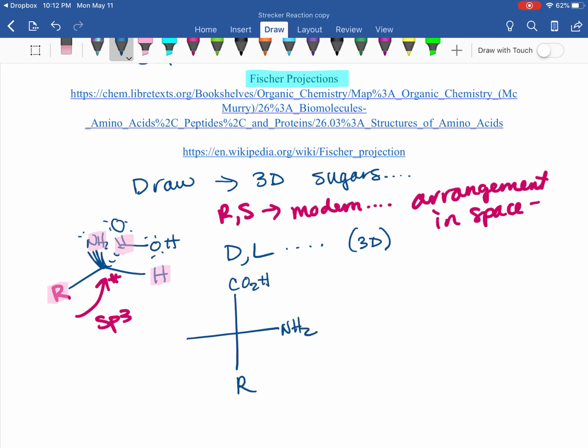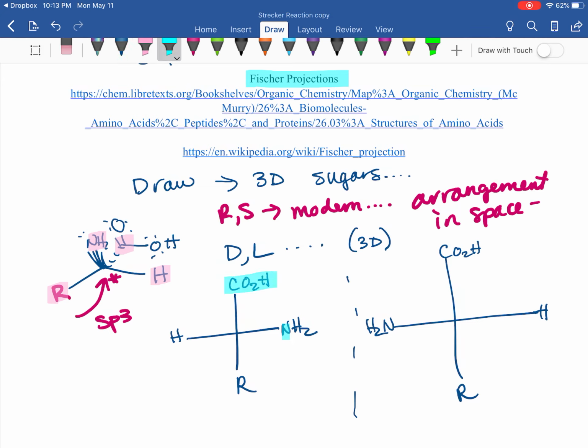And now what's going to designate the D and the L for us will be where the nitrogen ends up. So then our mirror image, again, keep your carboxylic acid on the top, your R on the bottom, and how you have an enantiomer is that nitrogen is on the other side.